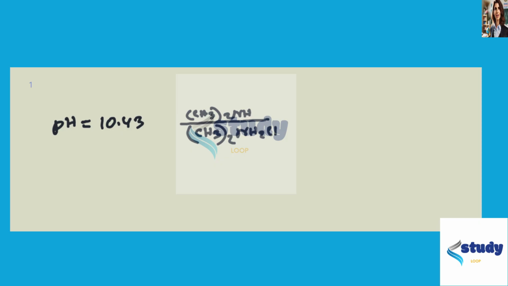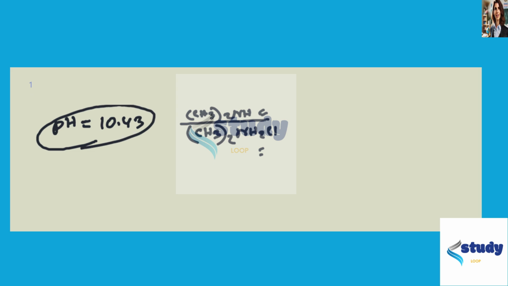So this is the ratio of the dimethylamine to dimethyl ammonium chloride. So we have to find the mass ratio of this base to acid that we need to form a buffer with a pH of 10.43.